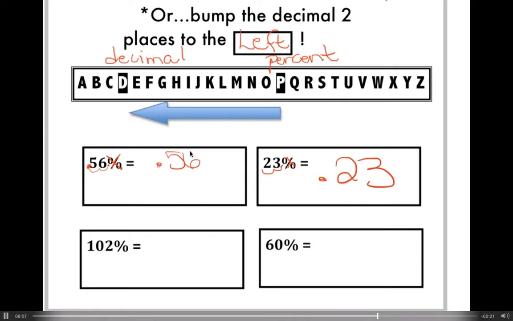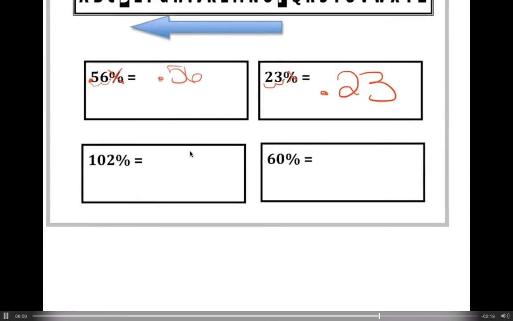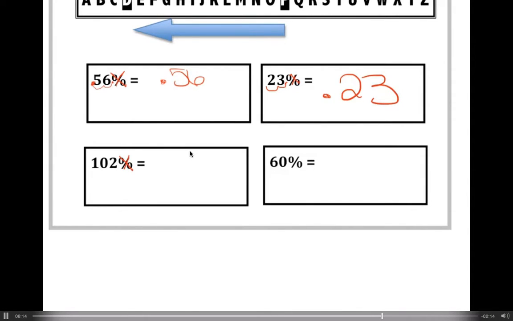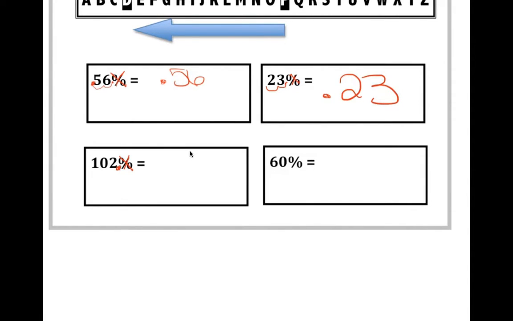So hopefully you guys will know that if we do that, we're going to take the percent sign, knock it off, put a decimal at the end of the number after the 2, and we're going to move it over 2 places to the left. 1, 2, which is the same thing as dividing by 100, and it becomes 1.02. Okay, that is greater than 100%.